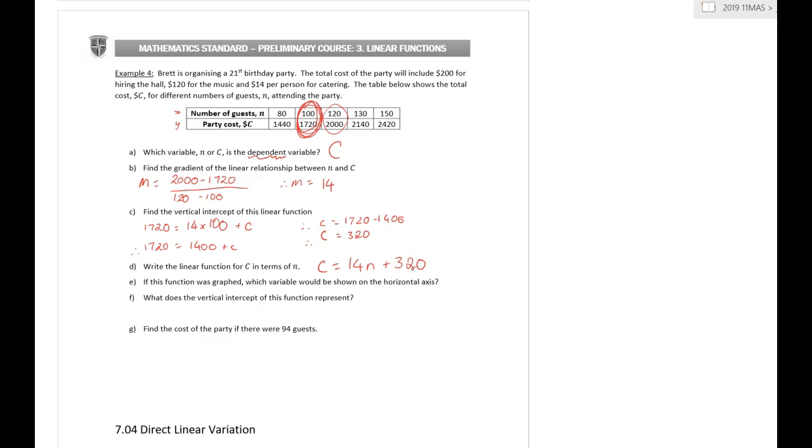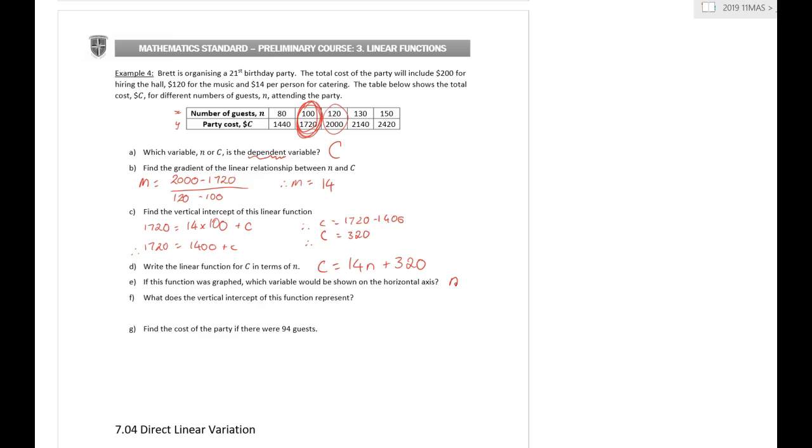Isn't that easy once we've done all the other work? If it was graphed, which variable would be shown on the horizontal axis? Horizontal goes across, and would be the X, which is my independent variable. In this case, it is N, the number of guests. N goes across.